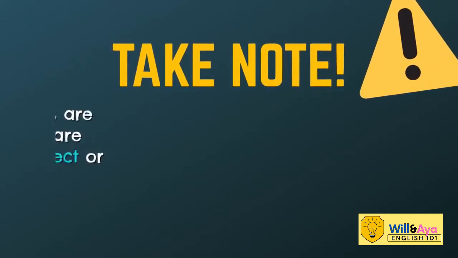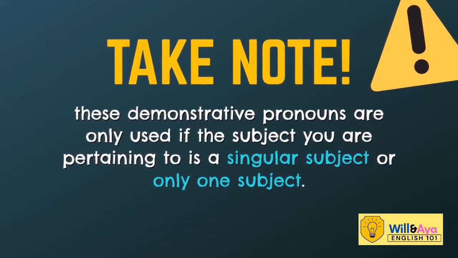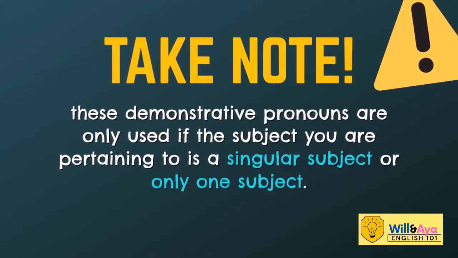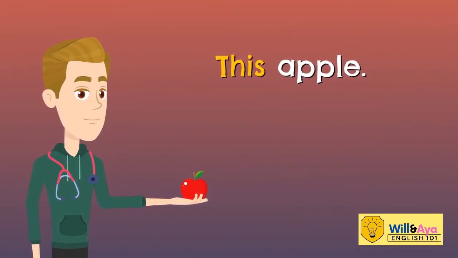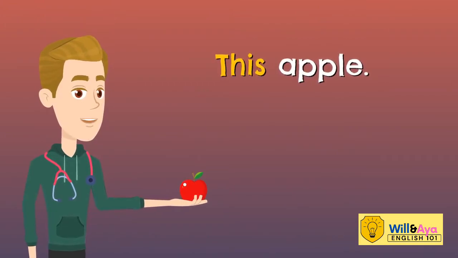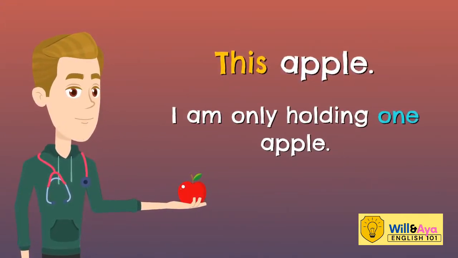Take note, these demonstrative pronouns are only used if the subject you are pertaining to is a singular object or only one subject, like this apple. I am only holding one apple.